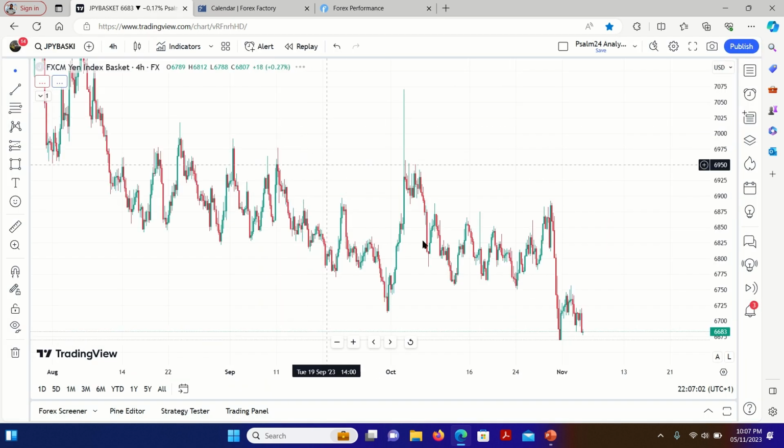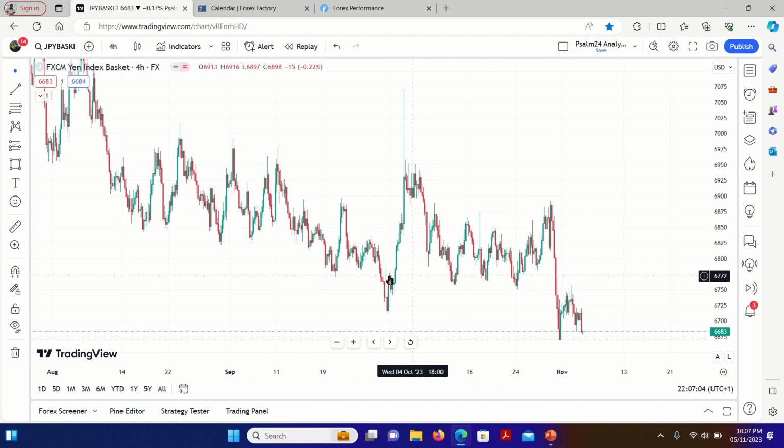This is used to determine the relative value of the yen against the basket of major currencies in the world. There is also the euro index, used to determine the relative value of the euro against the basket of major currencies in the world.